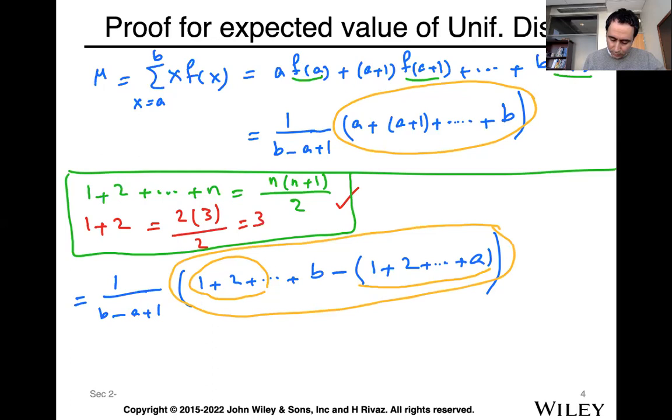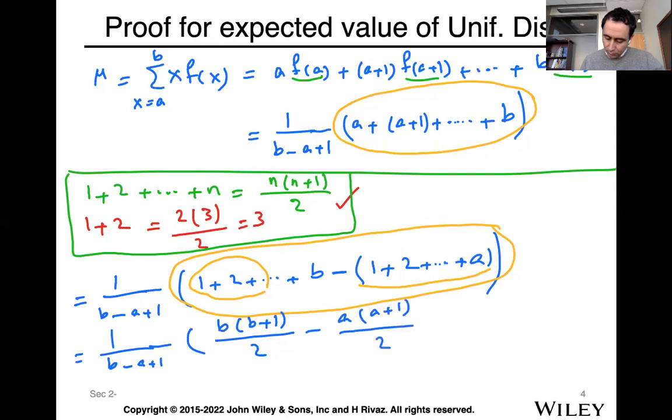So that is going to be 1 divided by b minus a plus 1 times, so 1 to b is going to be b times b plus 1 divided by 2. And 1 to a is going to be a times a plus 1 divided by 2, right?